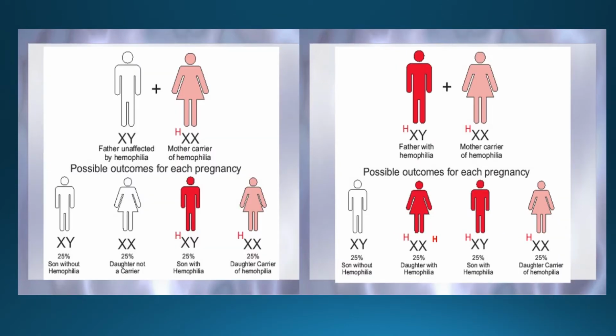Next, here you can see an example of hemophilia, where the father is unaffected, he is normal, and the female is a carrier for the hemophilia gene.